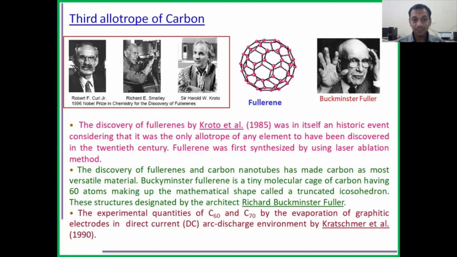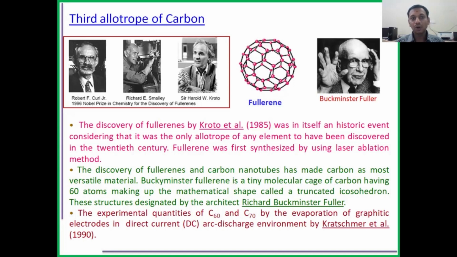So when they first synthesized it, they did the experiment and analyzed it by mass spectrometer, and at that time they got the result 720 AMU, atomic mass unit. Now it's very clear: 720 AMU, carbon atomic weight is 12.